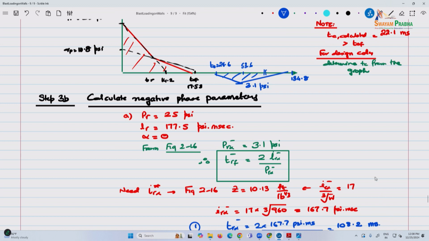So that would be the solution for the front wall.